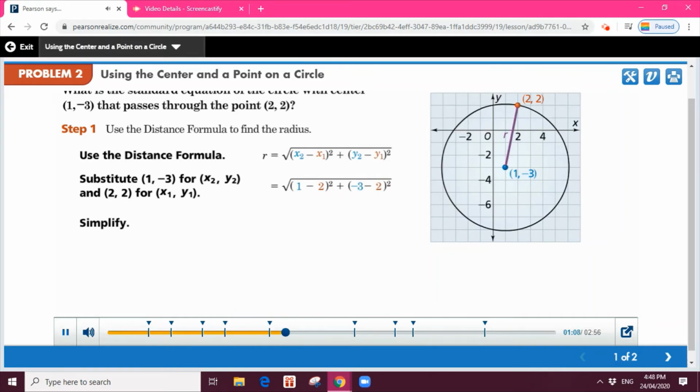Now simplify. So the radius of the circle is the square root of 26.